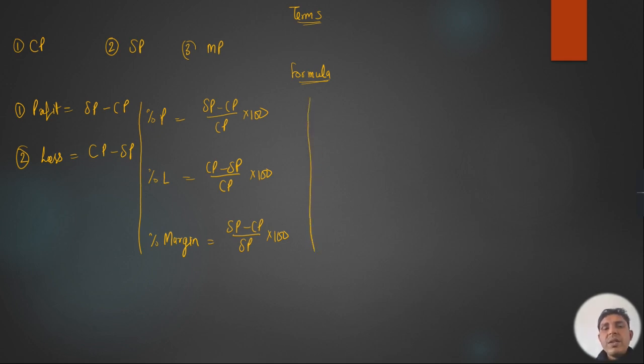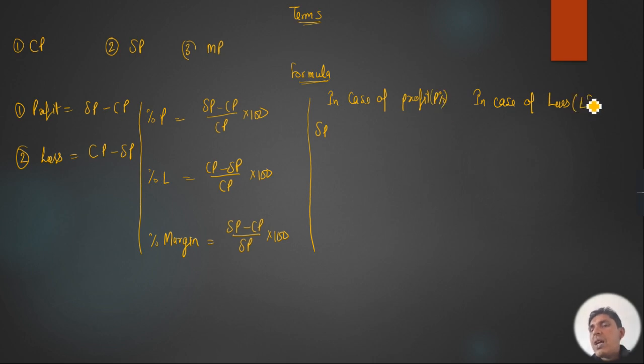The third thing is what happens in case of profit and what happens in case of loss. So students, in case of profit, let us suppose the profit is of P% and let us suppose the loss is of L%.